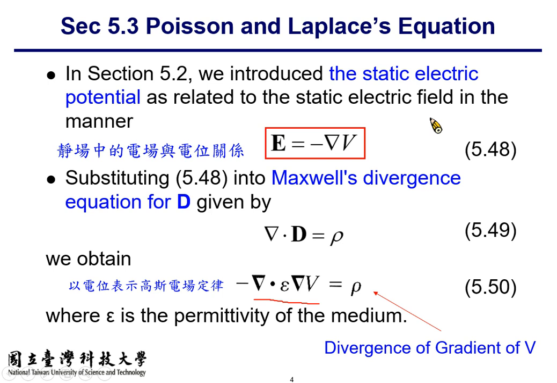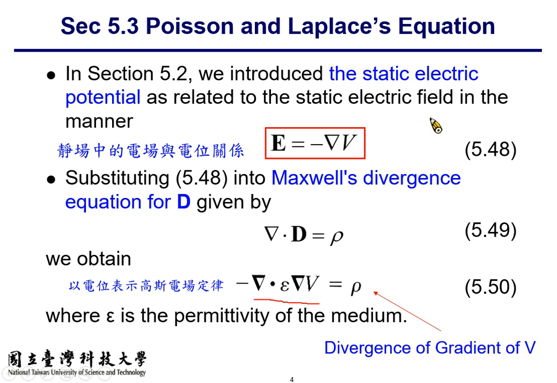And we know that in Maxwell's equations, the third equation is Gauss's law of electrical field, which states that the divergence of electrical flux density D equals the charge density at your observation point.